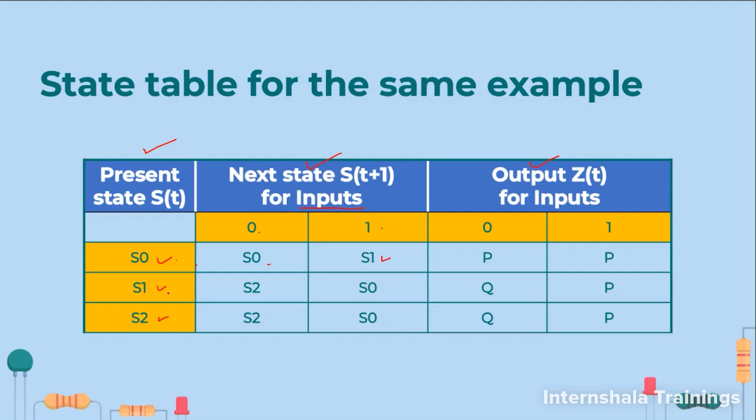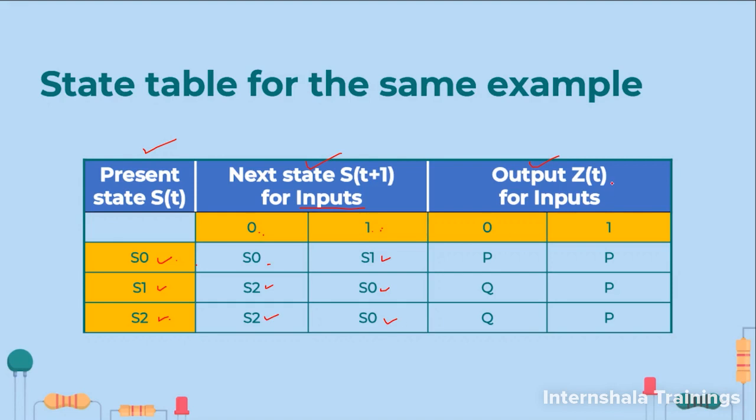When our present state is S1 and the input is 0, we are transitioning to S2, and for 1 we are transitioning to S0. When the present state is S2 and the input is 0, we are remaining at S2, but for input 1 we are transitioning to S0.